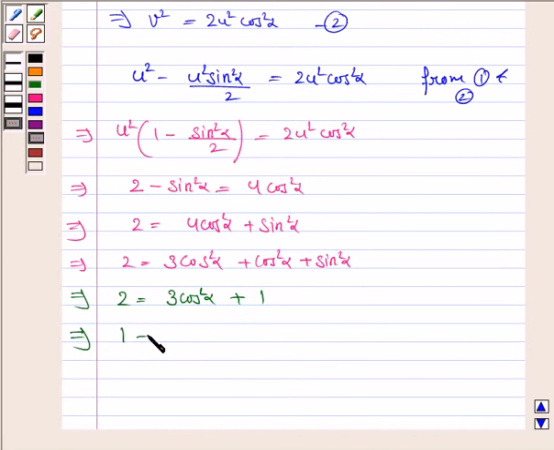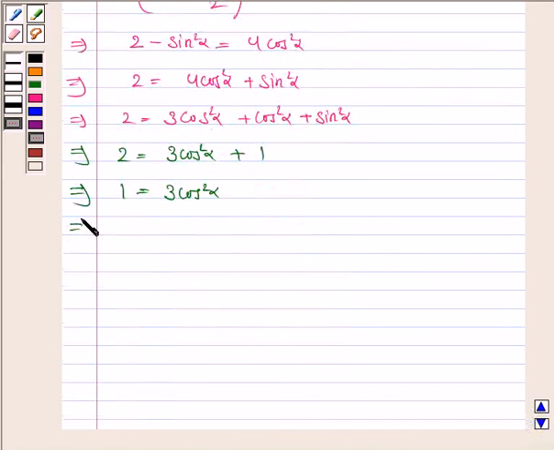So this implies 1 is equal to 3 cos square alpha, subtracting 1 from 2. So cos square alpha is equal to 1 by 3, and this implies cos alpha is equal to 1 by root 3.